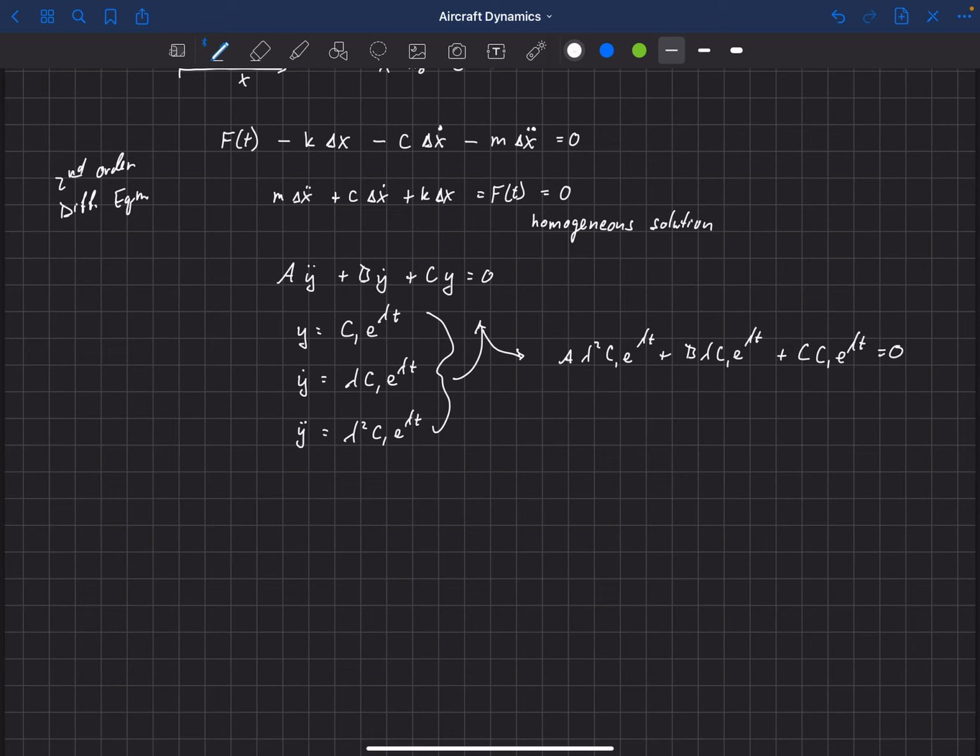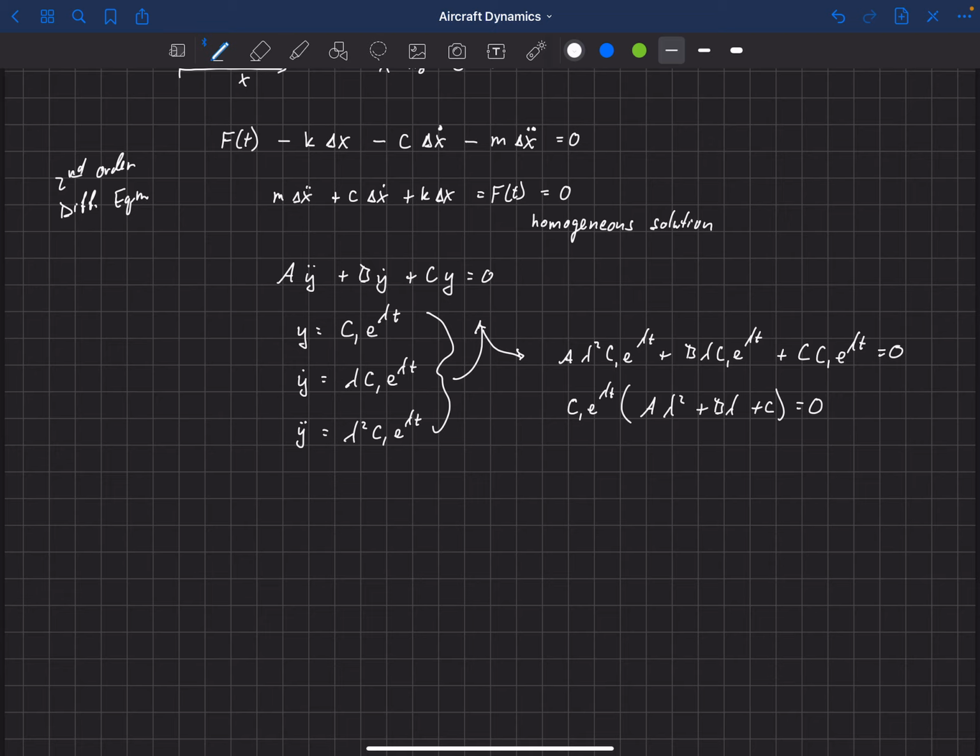We can rearrange this. All of these have a c1 e to the lambda t in them, so I'm going to pull that out front. What we're left with is a times lambda squared plus b times lambda plus c equals 0.